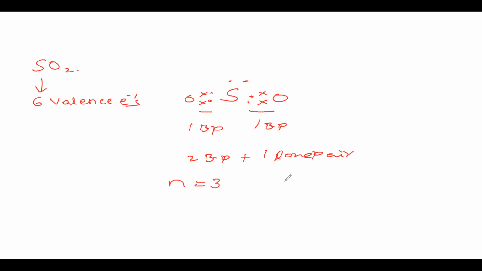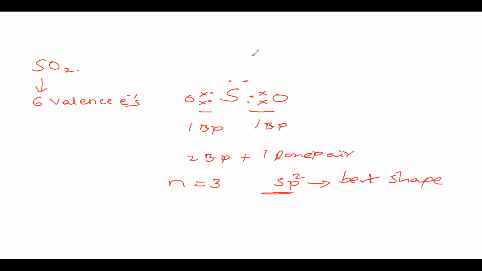If n is equal to 3, what is the type of hybridization? sp2. I hope it is clear. With sp2 hybridization, if there is no lone pair, the shape should be trigonal planar. But here, due to the presence of one lone pair, it has a bent shape.